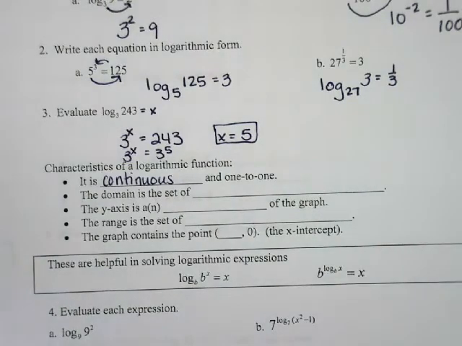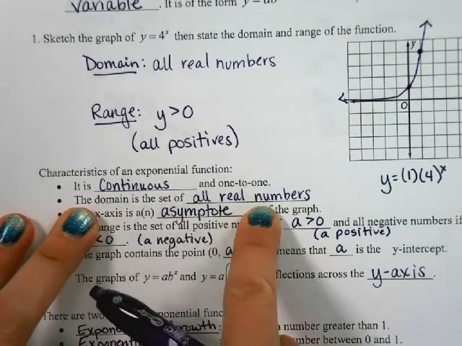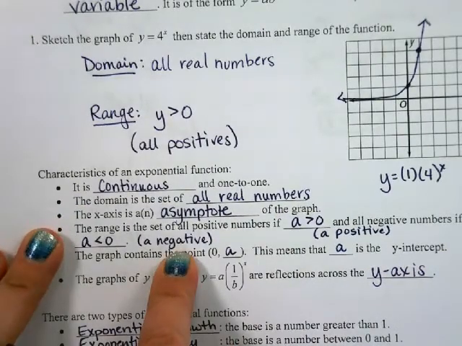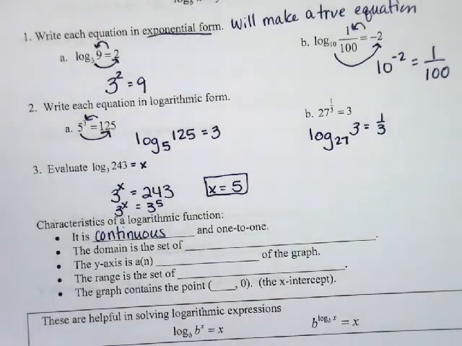Okay, let's go back. In my exponentials, the domain was all real numbers, and the ranges were all positives or all negatives. Remember, those are now going to switch. So the domain now is all positive real numbers.